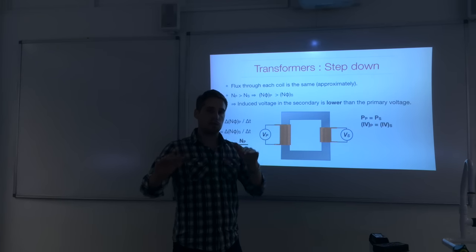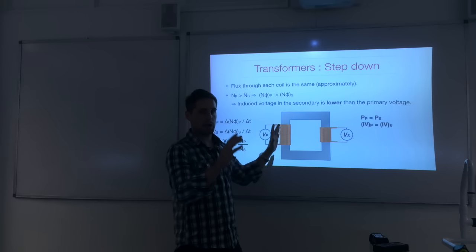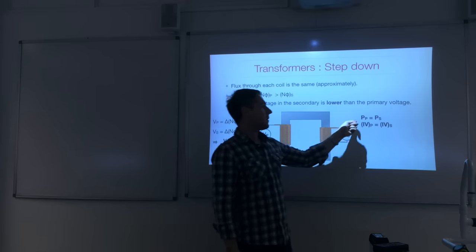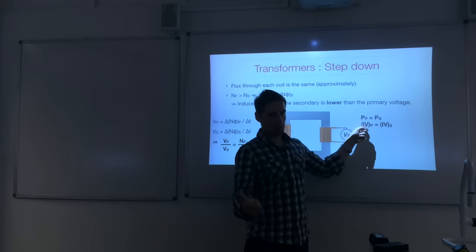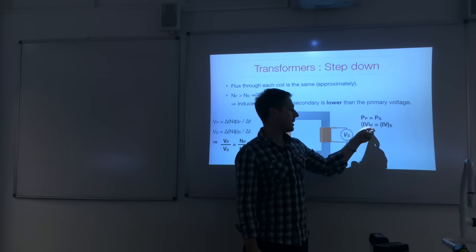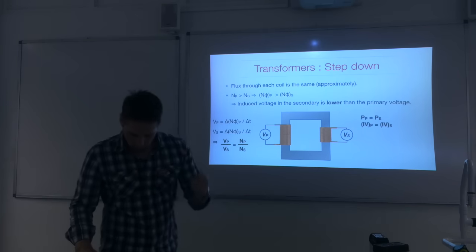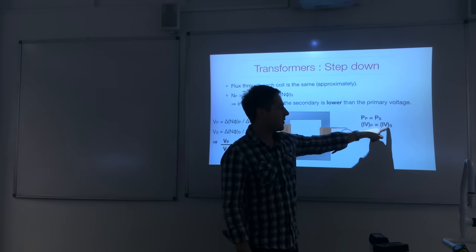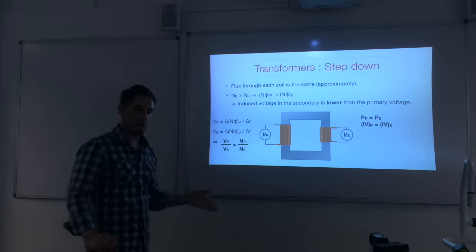Now obviously there's efficiency considerations which I'll factor in a moment, but I'm saying that we're not violating the conservation of energy here by stepping down the voltage. So if the power is equal, then power is IV, so IV for the primary is equal to IV for the secondary. So therefore, if we reduce the voltage, then the current will be correspondingly larger.